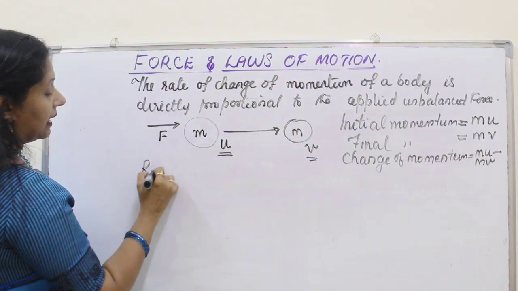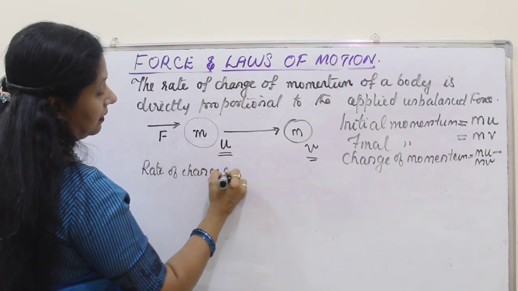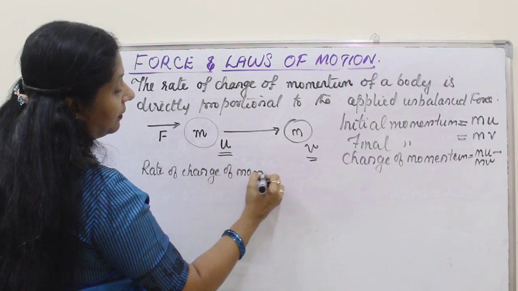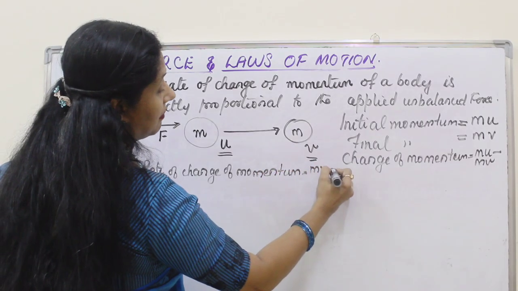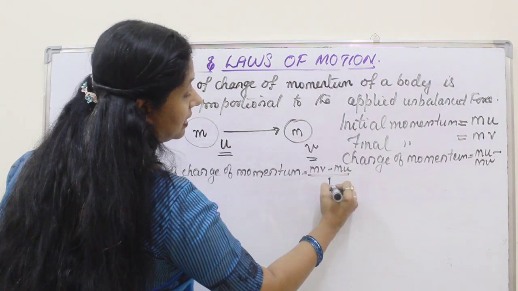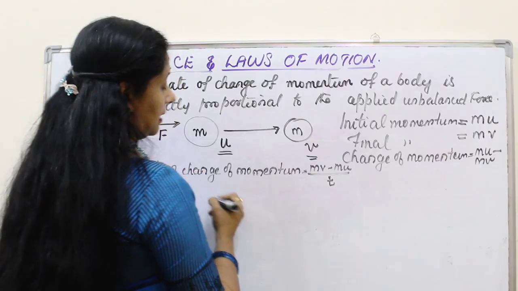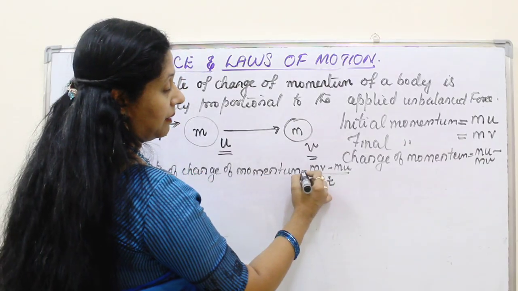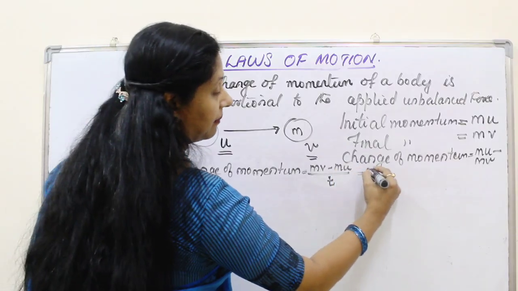Now what is the rate of change of momentum? That means we have to consider time also. So that becomes mv minus mu upon t. Time is also considered. Now the rate of change of momentum is directly proportional to mv minus mu by t. So m is a common factor, I am taking m out.